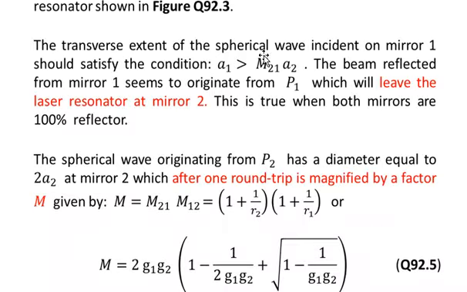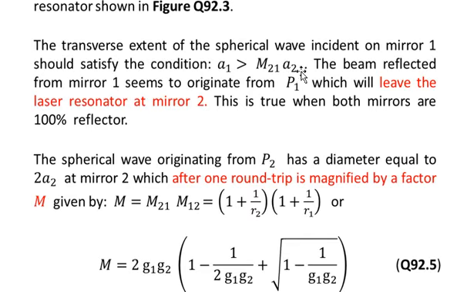The transverse extent of the spherical wave incident on mirror 1 should satisfy the condition that A1 should be greater than M21 times A2, where M21 is the magnification when the field travels from mirror 2 to mirror 1, and A2 is the transverse radius of mirror 2.